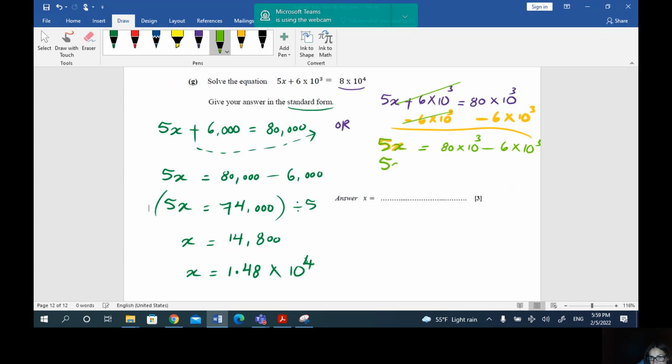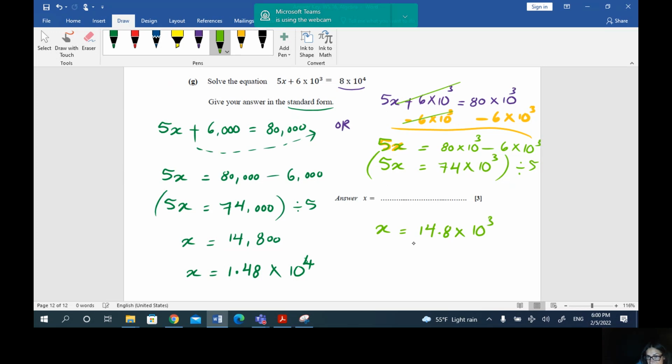So 5x is equal to 80 minus 6, the answer is 74, times 10 to the power of 3. We're going to divide all this by 5. So x is equal to 74 divided by 5. It will be 14.8 times 10 to the power of 3.